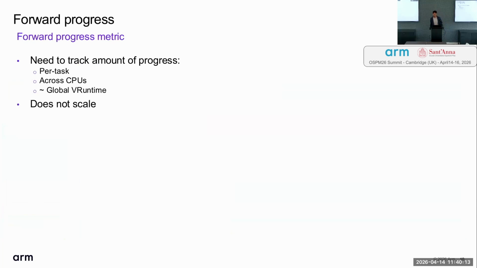To do that, right now it's not really possible because we don't track any forward progress metric at platform level per task. We have a vruntime which tracks the forward progress of each task on one CPU. We have the PELT value, which allows us to estimate the size of the task, but we don't actually track what the task is receiving, the throughput.